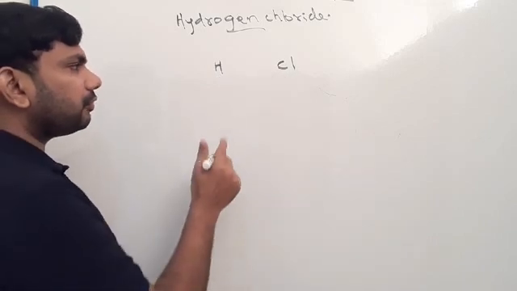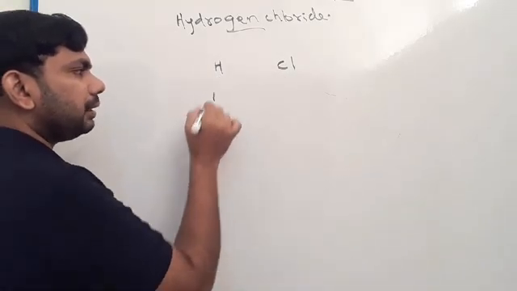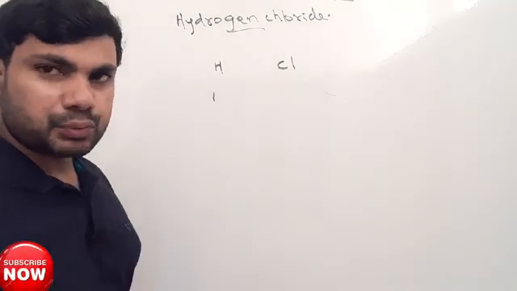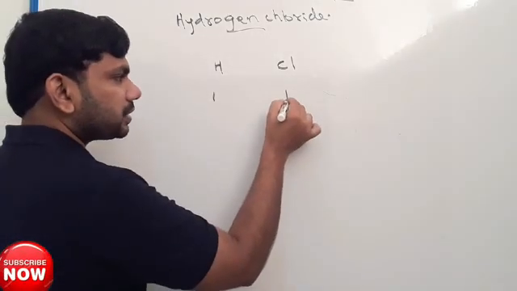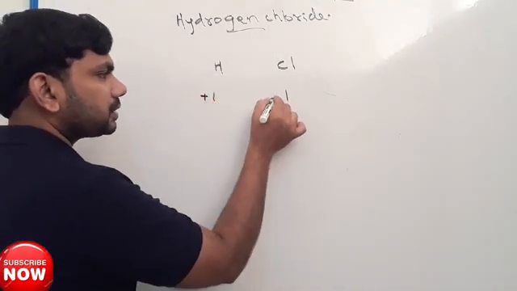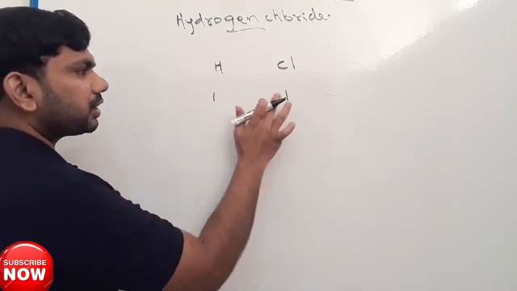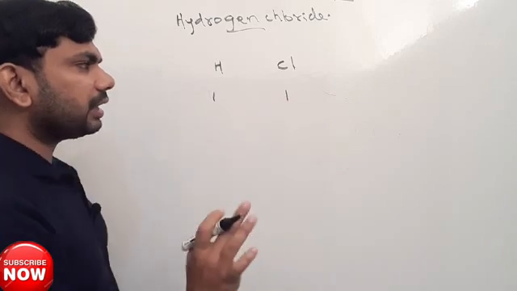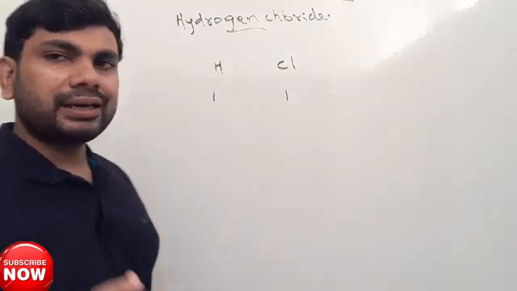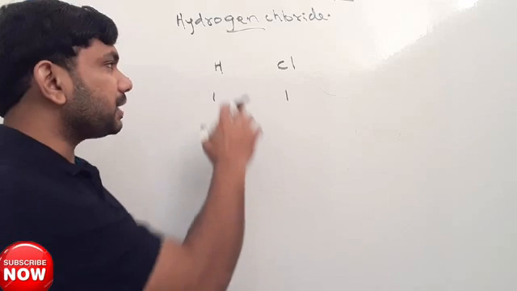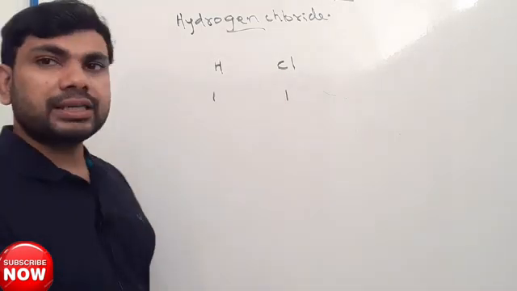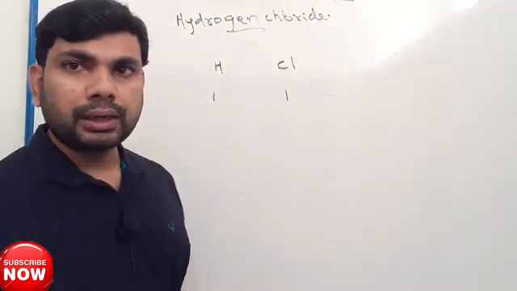Hydrogen is plus 1, chlorine is minus 1. But you just write the number, no need to mention the charge. You just write this number 1.